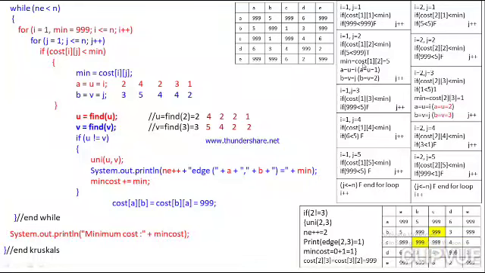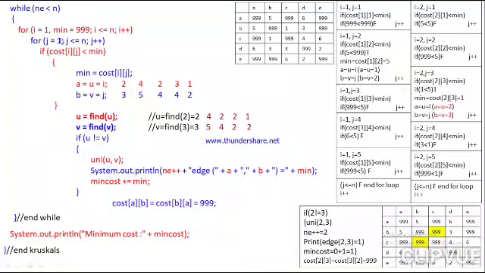So I am considering 5 as the minimum. So min will become the cost of 1, 2, and a, b is nothing but u v is equal to i j. What is my i? 1. And j is 2. So it is 1, 2.